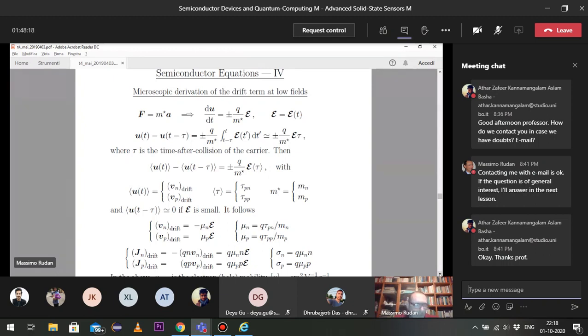It could be one electron or one hole, okay? You remember that the inertia of the electron or the holes in a semiconductor is determined by the effective mass, okay? So let's use for the effective mass a general symbol that is m star, as you can see in the first line, okay?